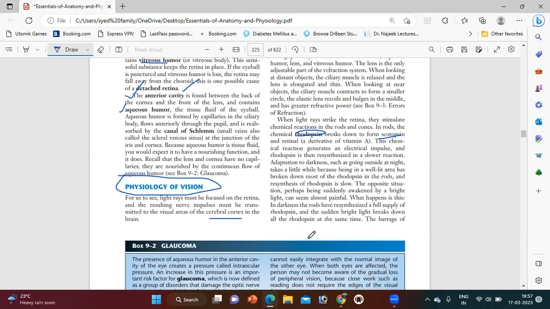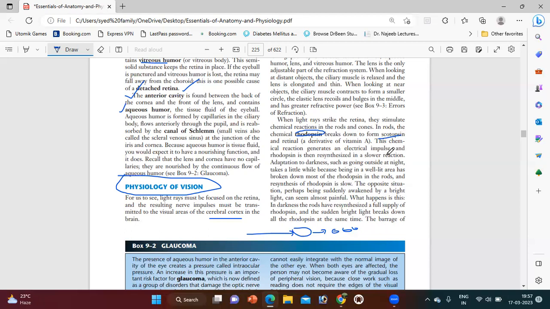Then the light rays enter into the retina. In the retina, we have rods and cones. In there, you have a chemical substance called rhodopsin. When the light rays enter, the rhodopsin starts to break down, and it will form scotopsin.